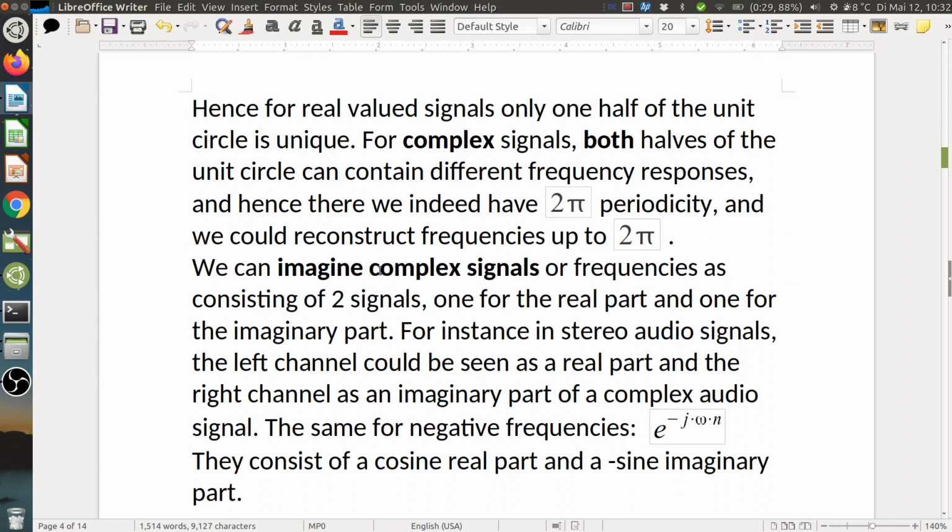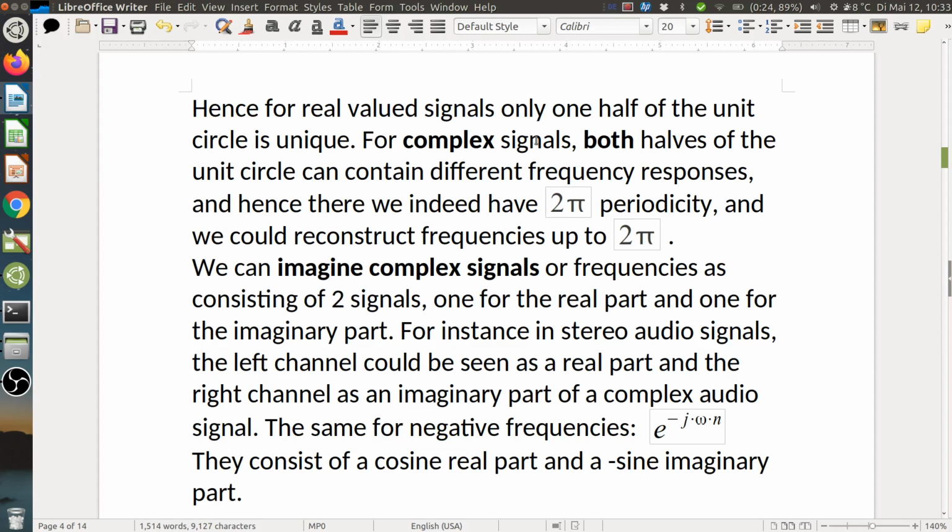If we have frequencies from 0 to pi, this is sufficient to reconstruct our signal because the negative frequencies from 0 to minus pi are basically the same, except that they are conjugate complex. So for real-valued signals, only one half of the unit circle is unique.